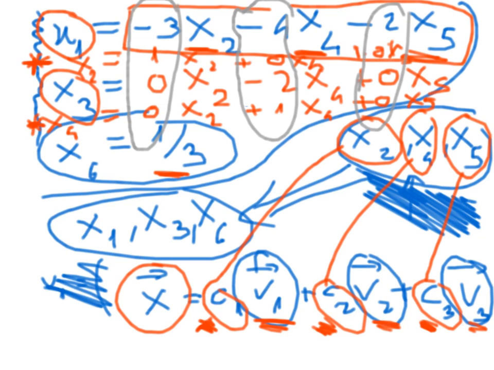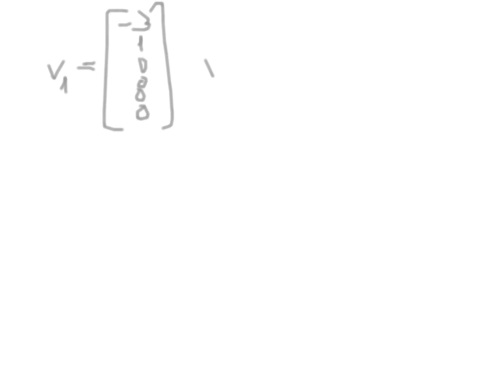So the result, for the basis, is v1 equal to (minus 3, 1, 0, 0, 0, 0). And v2 is equal to (minus 4, 0, minus 2, 1, 0, 0).